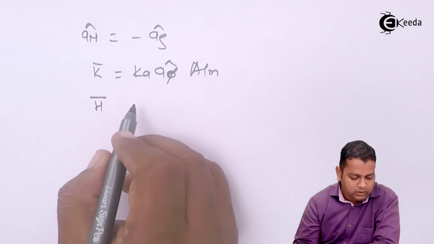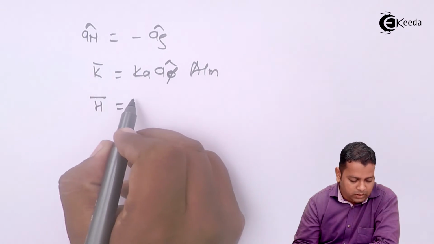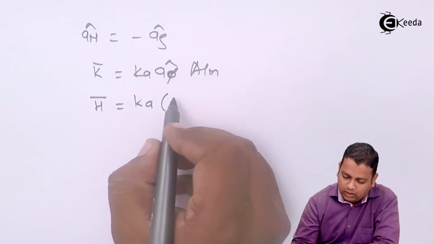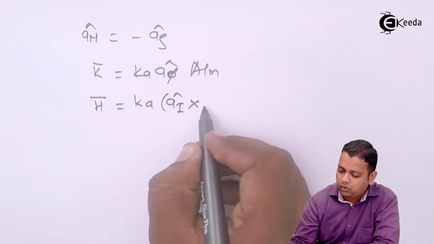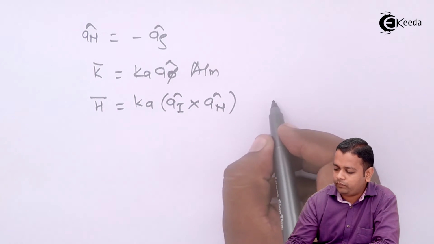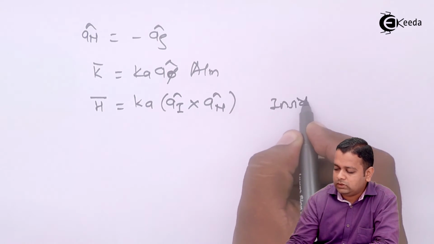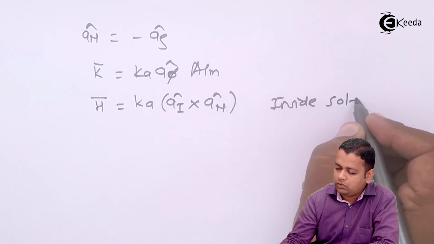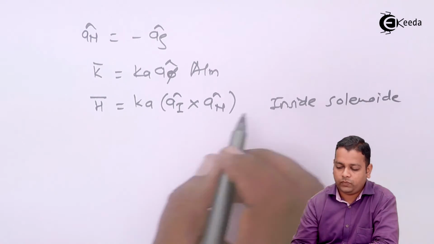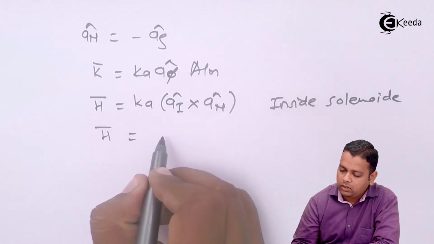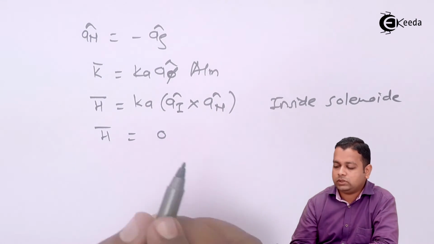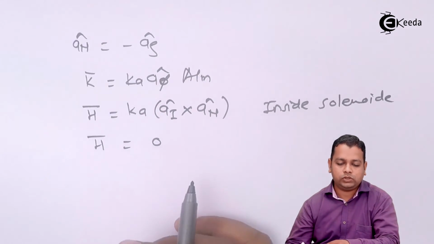Now H bar inside the solenoid will be given by K_a in bracket a_i cap cross product with a_n cap. This is inside the solenoid, and outside the solenoid H bar is equal to 0. So this is the case of the ideal solenoid.